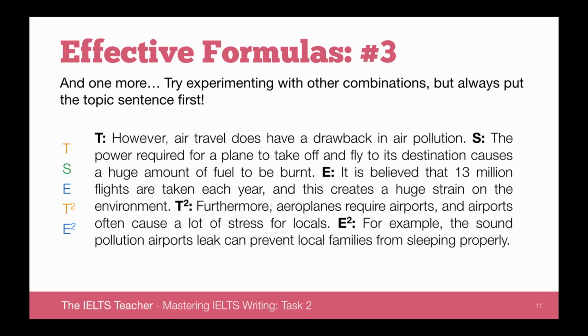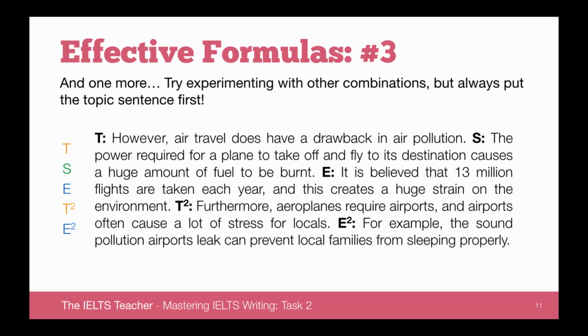Now we follow that up with another topic sentence which links back to the first one. Quite similar. So we're talking about drawbacks, and here is another drawback. Furthermore, aeroplanes require airports, and airports often cause a lot of stress for locals. An example of this: for example, the sound pollution airports leak can prevent local families from sleeping properly.